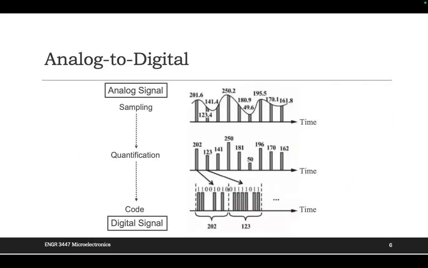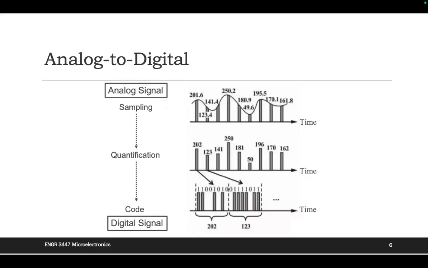Then let's talk about how we can convert signals from analog to digital. You can see this is an analog signal, for example, the temperature in this room. This is time, and as time passes, at every time you have a temperature. But if we want to use a computer to represent these signals, we need to convert them to digital because the computer only reads digital signals.